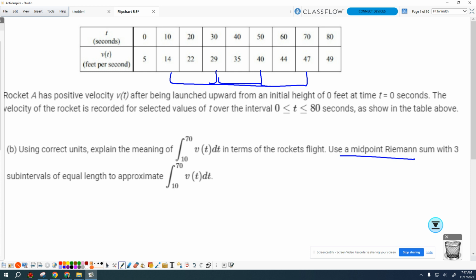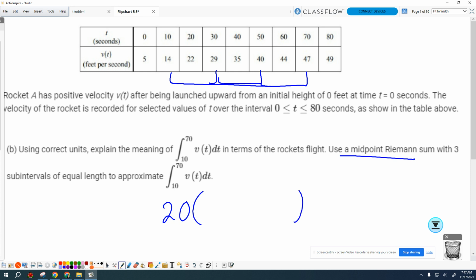So from 10 to 70, they want you to do midpoint. How big is our dx? 20? Because 10 to 30, 30 to 50, 50 to 70? Yeah. Okay, so 70 minus 10 divided by 3 is 20.